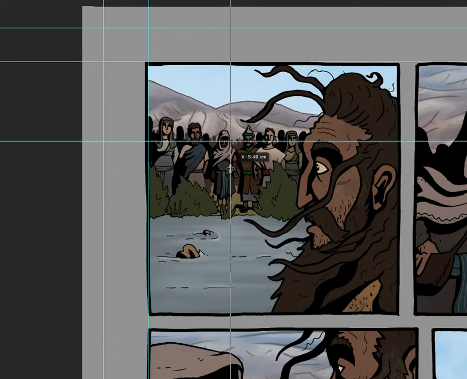So you can see that Jesus is roughly on this axis of the thirds. The other thing is obviously John's looking at him, which draws your eye to him. But the other thing is that these hills are drawn to kind of point at that point of focus as well, and the bushes kind of lean and point at him as well. So it's things like that you use to try and draw the eye. These rocks are aligned in a way to point you in that direction as well, to draw the eye to what you want to be your point of focus.